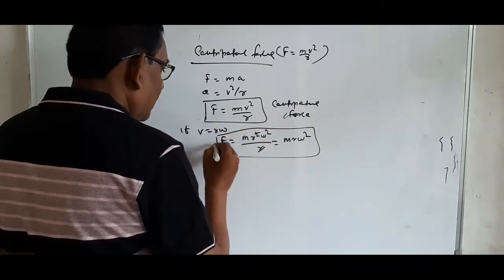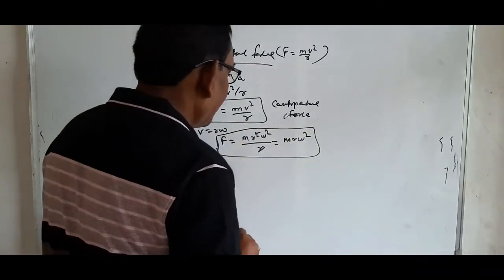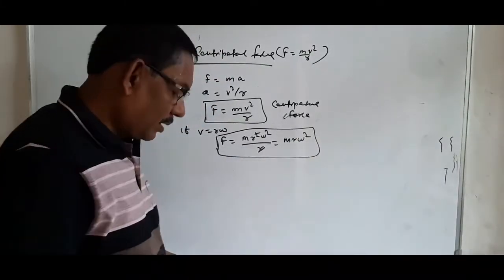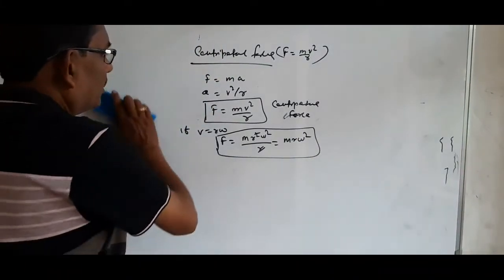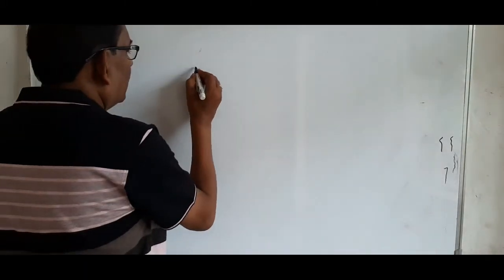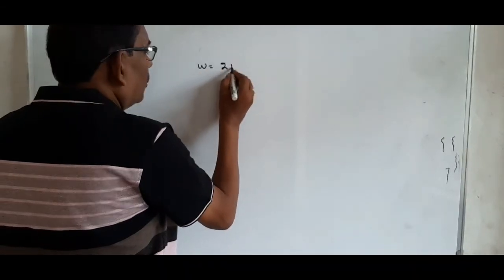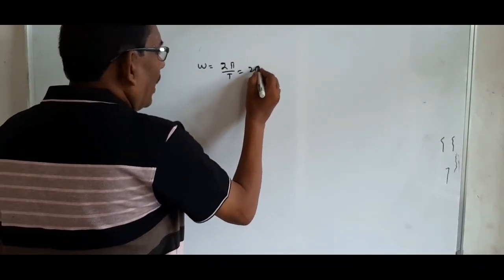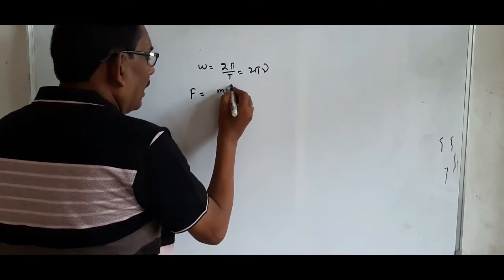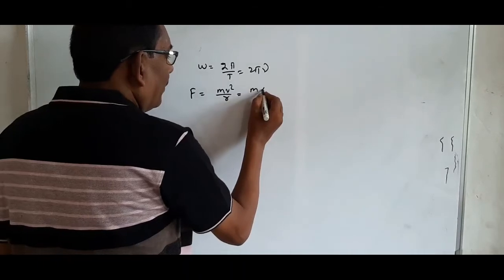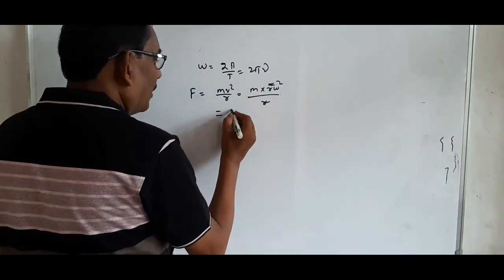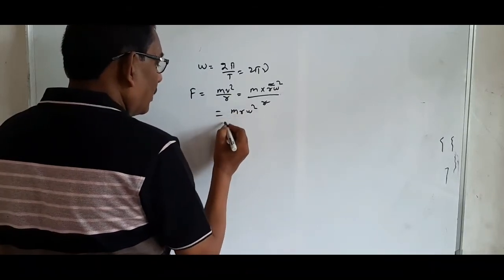You note it. Another equation of centripetal force with respect to angular velocity. Look here, if omega is equal to 2 pi by T, that is equal to 2 pi nu, then F is equal to mv square by r, that is equal to m r omega square.